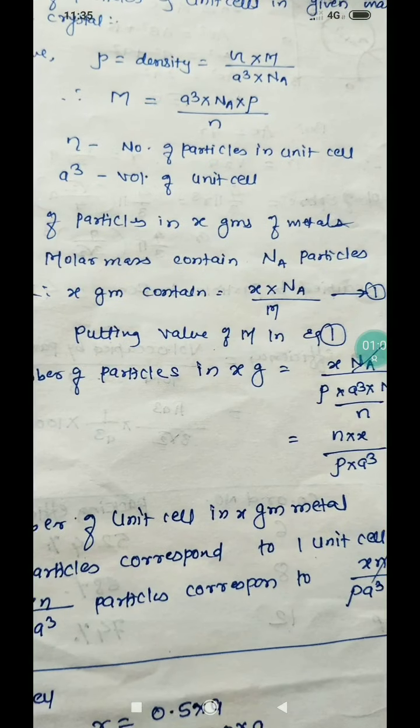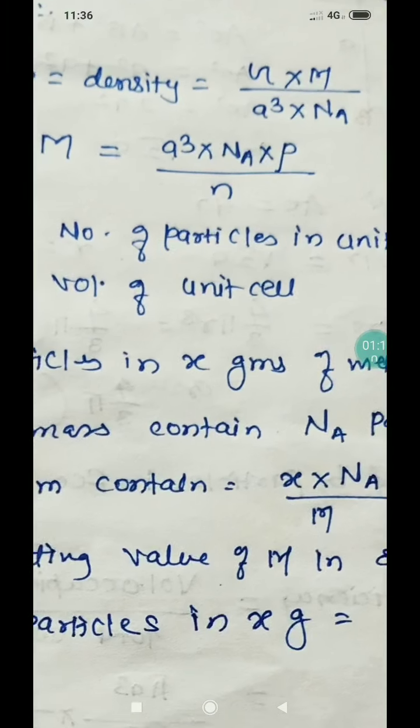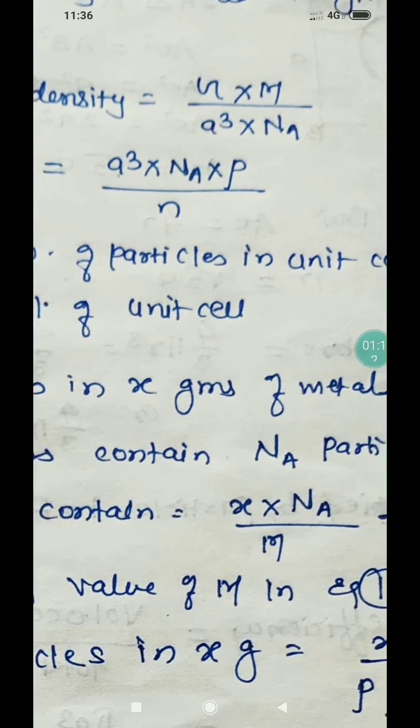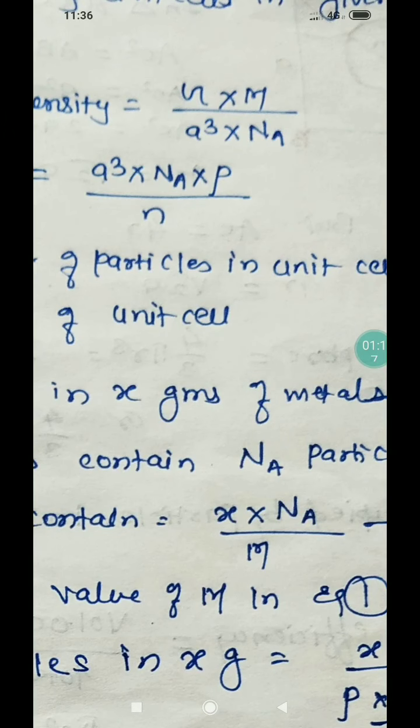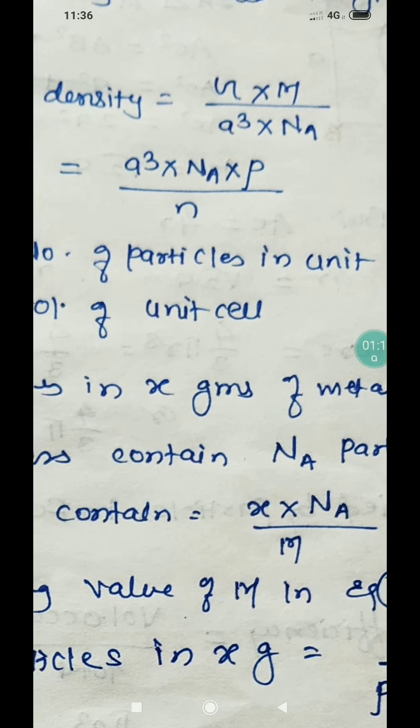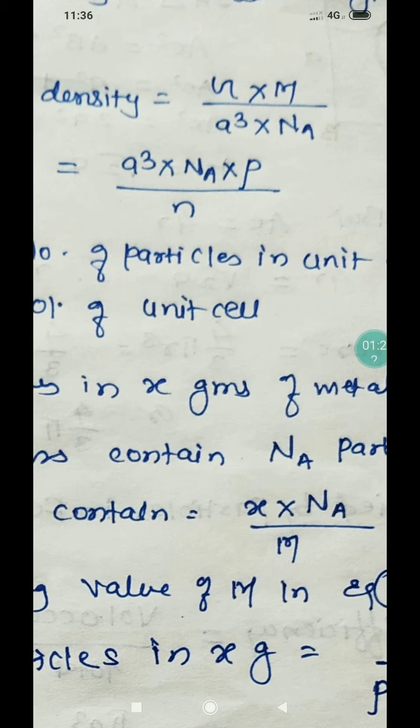In the last video we derived this relation. Density is equal to the number of particles present in the unit cell, n, multiplied by the molar mass, divided by a cube into Avogadro's number, that is represented by Na.